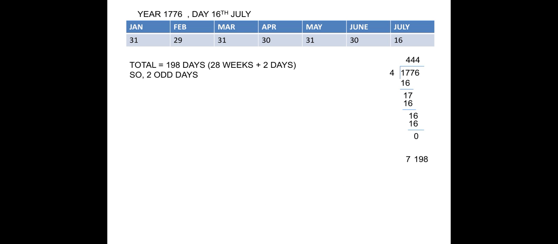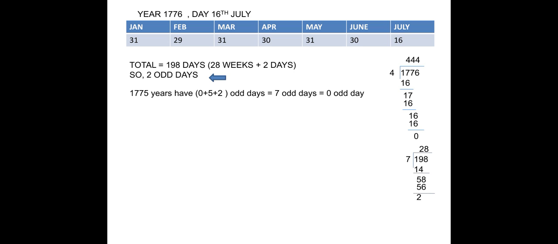So how to calculate? From January to July it comes total 198 days. This 198 days we need to divide by 7. So you will get 28 weeks and 2 days. So 2 is the odd day. We have already seen 1775 has 0 odd day.